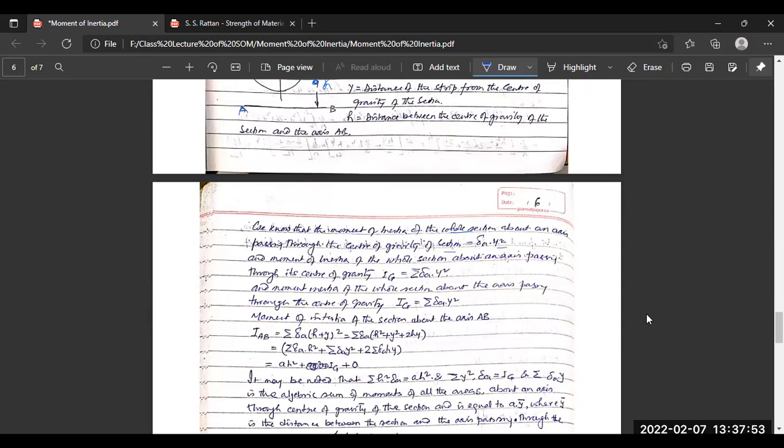The area of the strip is delta A, and the distance of the strip from the CG is Y. So Y square multiplied by delta A is the moment of inertia of the strip. The moment of inertia of the whole section about the axis passing through the CG is IG equal to sigma delta A into Y square.